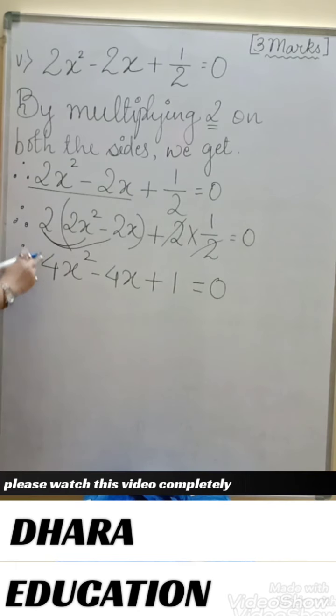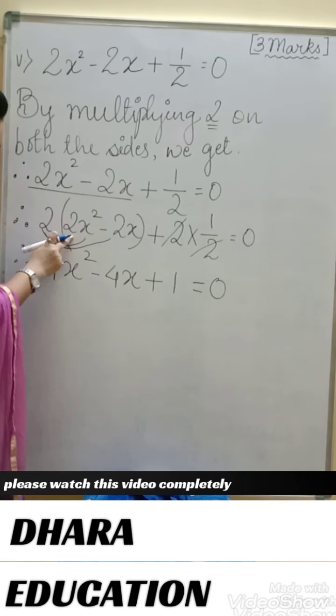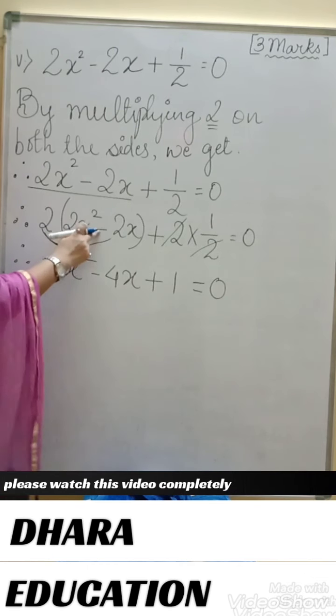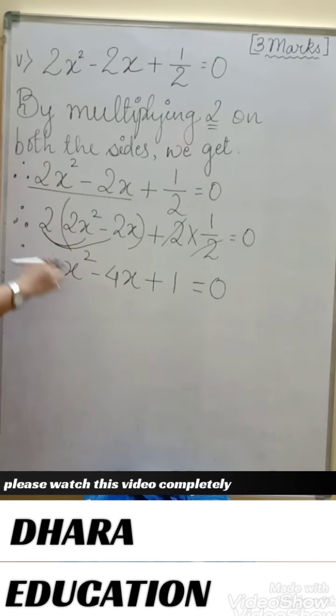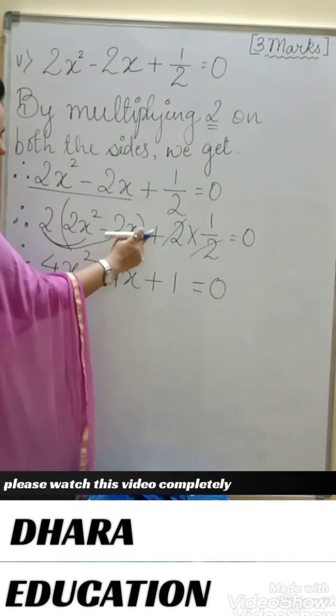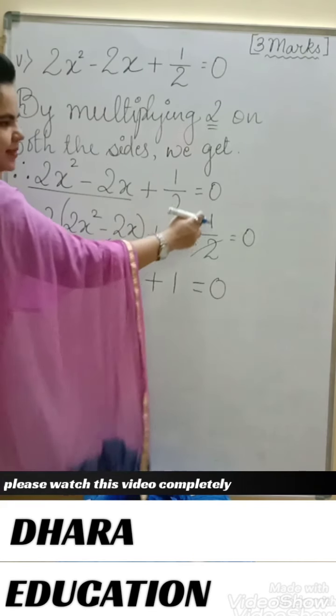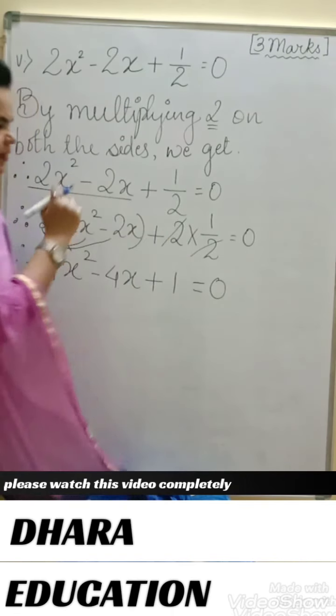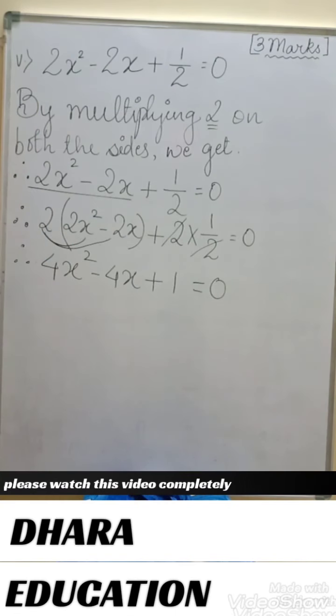I repeat once again, 2 multiplied with 2x square gives you 4x square, minus as it is, 2 multiplied by 2x gives you 4x, plus as it is, and what is left over here is 1, that is why we have written 1 is equals to 0.